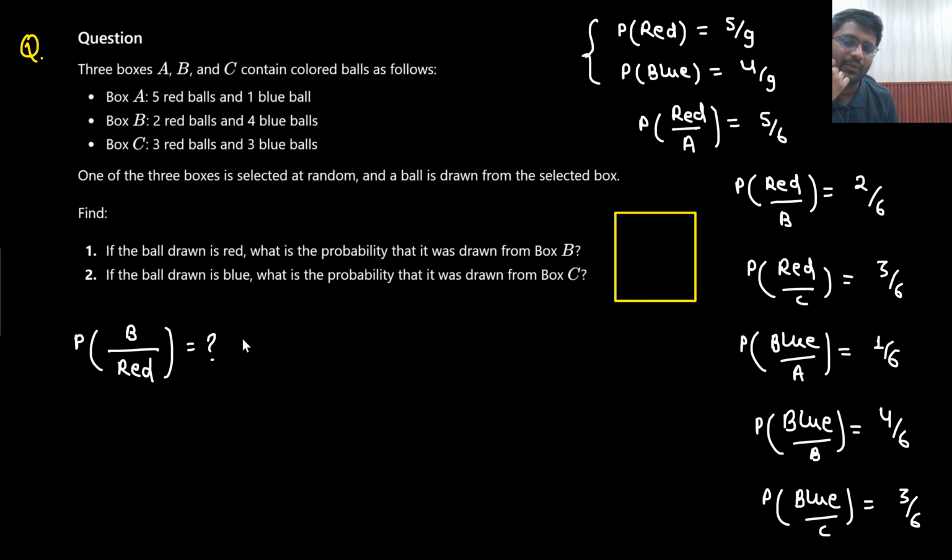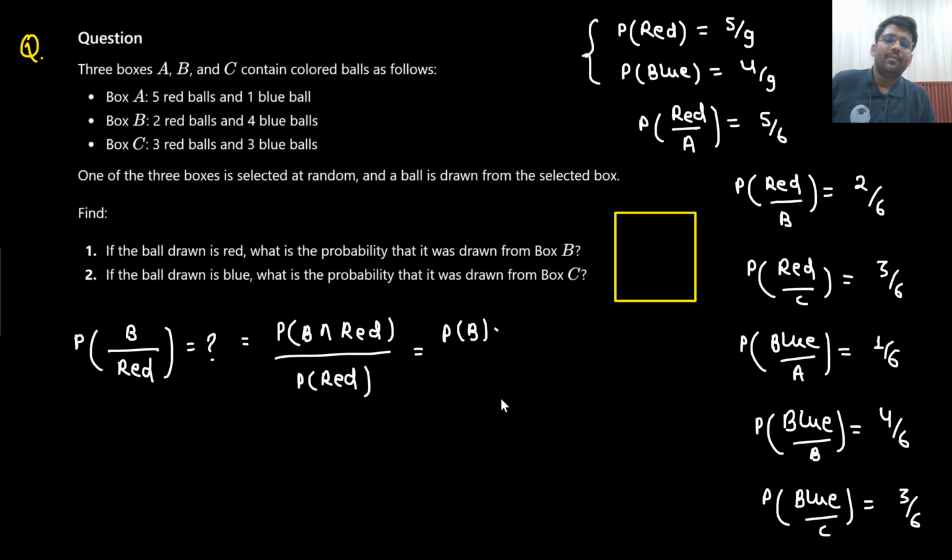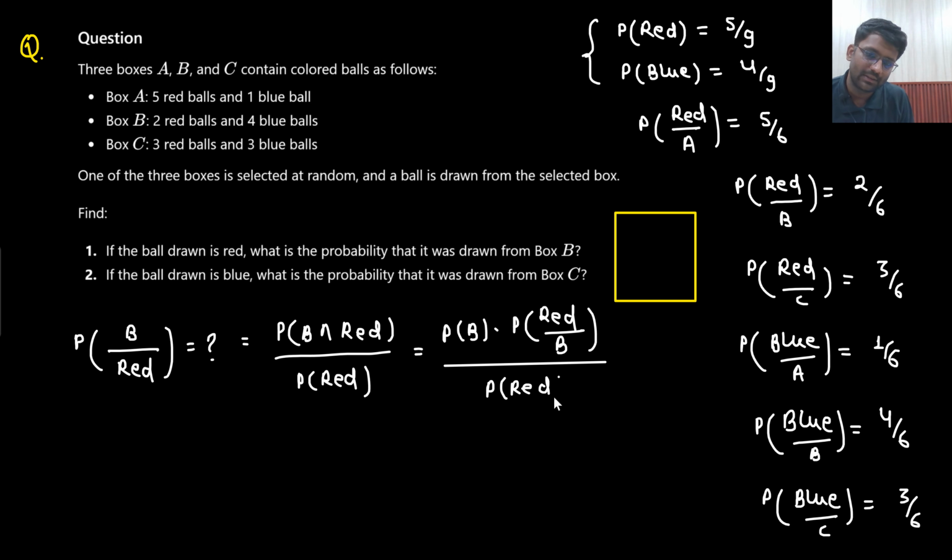Now this is what I am supposed to find out. So that would be probability of box B intersection red divided by probability of red, and that would be equal to probability of selecting box B multiplied with probability of receiving red ball such that box B was selected, divided by probability of selecting red ball.